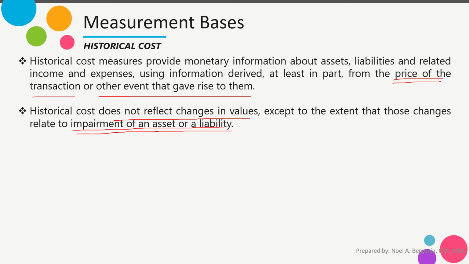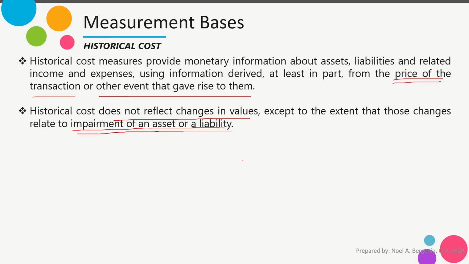Technically it does not change, because if it changes, let's say you are considering the market value at some certain point in time, then it is not historical cost. Now it will be discussed in the succeeding measurement bases. By the way, someone may ask, sir, what about liabilities?